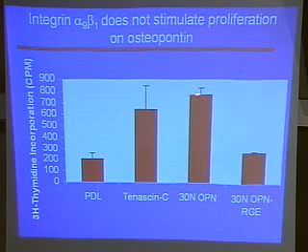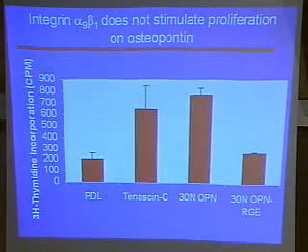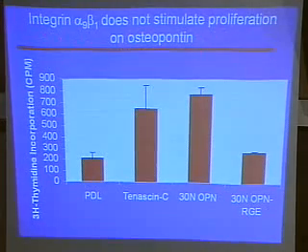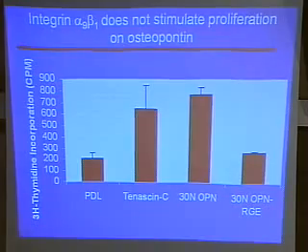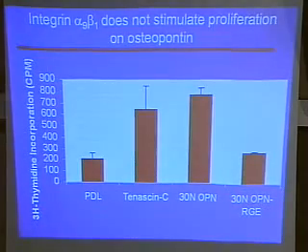And so here we were able to stimulate proliferation on the 30N that still maintains its RGD, but on the mutated form we were not able to stimulate proliferation. So this further indicates that the integrin alpha-9 beta-1 is actually not capable of stimulating proliferation on osteopontin.